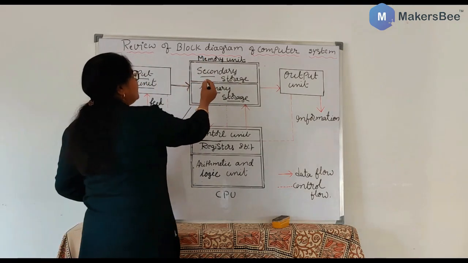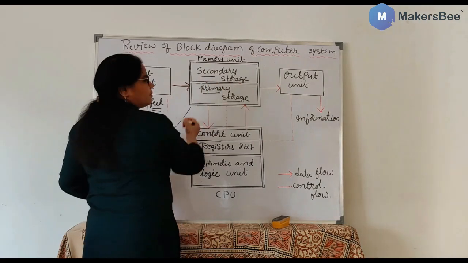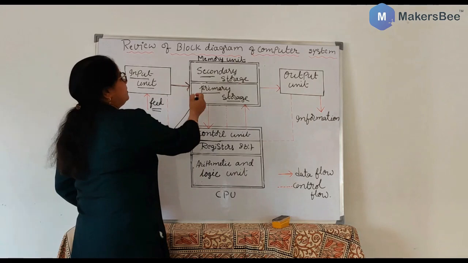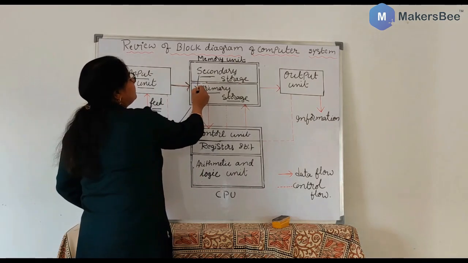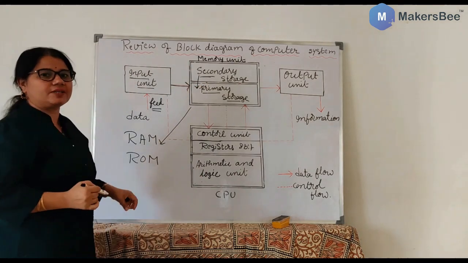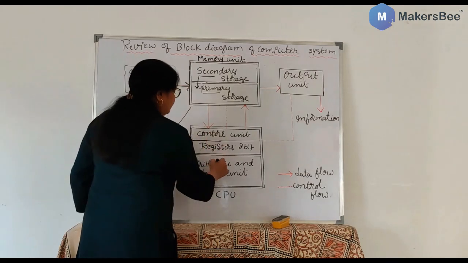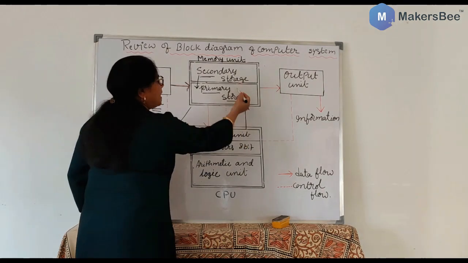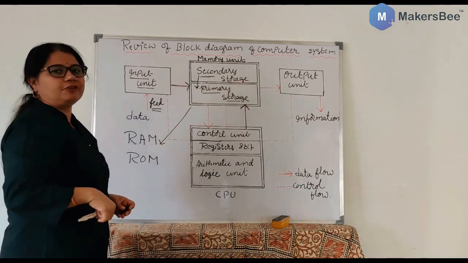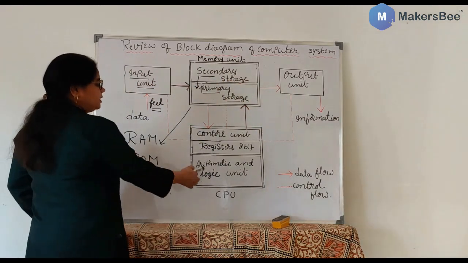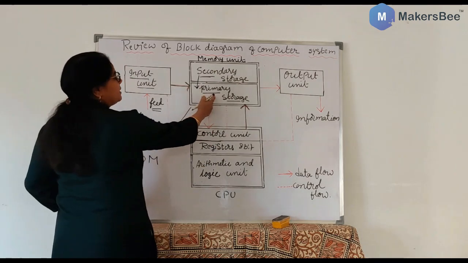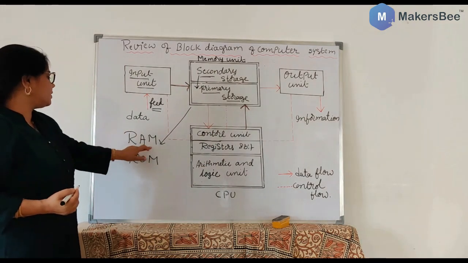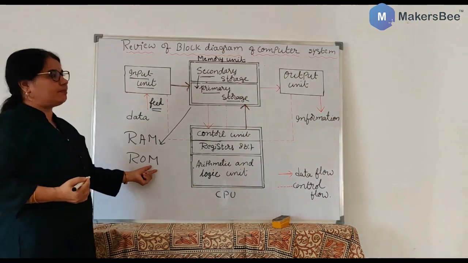So if the CPU wants to process something stored in the secondary memory, the data is transferred to primary memory first, and then the central processing unit accesses the primary memory and gets it for execution. So the CPU can access only primary memory. Primary memories are random access memory and read-only memory.